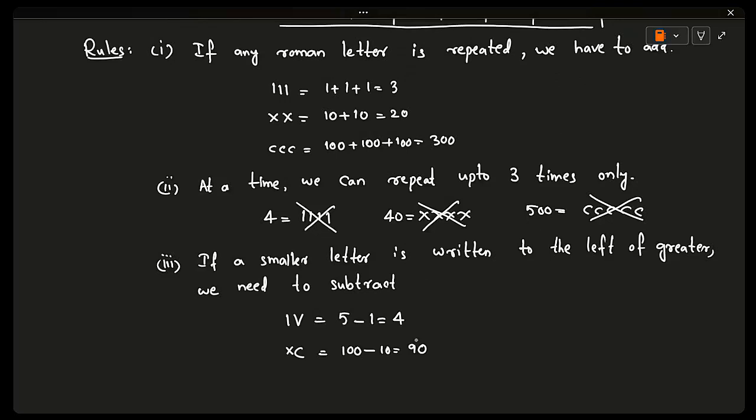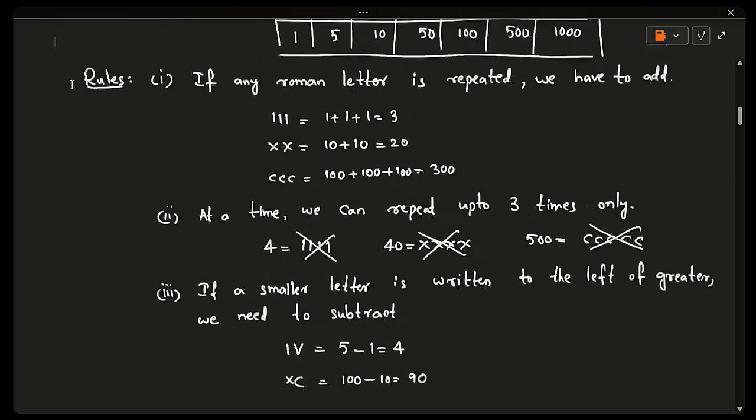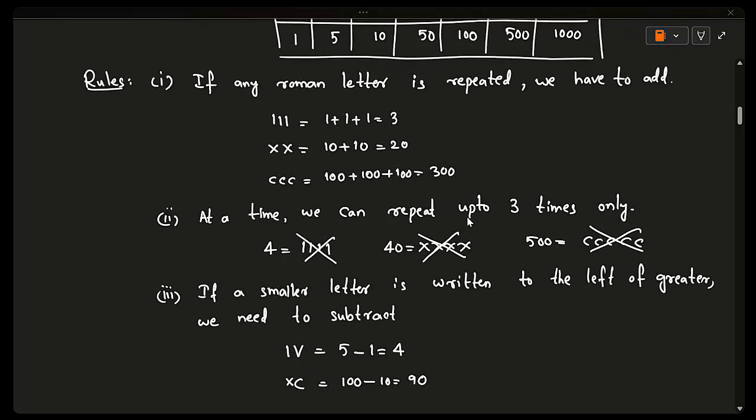So in the first 3 rules, if you have any doubts, you can raise a hand. Otherwise, we'll move to the next one. So first 3 rules, any doubts? Vilochan, what is your doubt? Sir, in the second rule and third rule, can we not repeat V, L, D? That will be discussed in the upcoming rules.